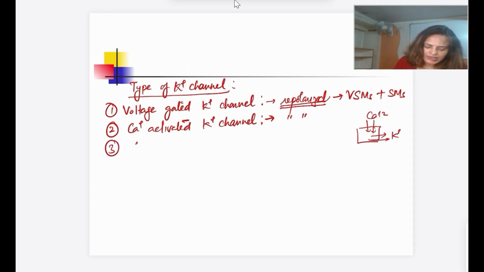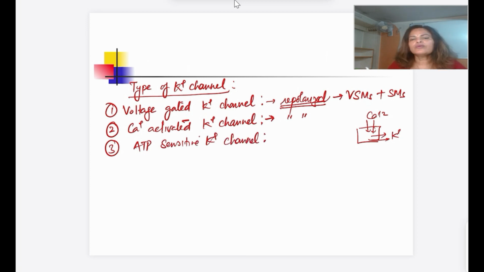Then number 3 is ATP sensitive potassium channel. We have sodium activated potassium channel, they are also there. Receptor operated potassium channel, they are also there. So the ATP sensitive potassium channel, its opening and closing are mainly dependent on the level of ATP.